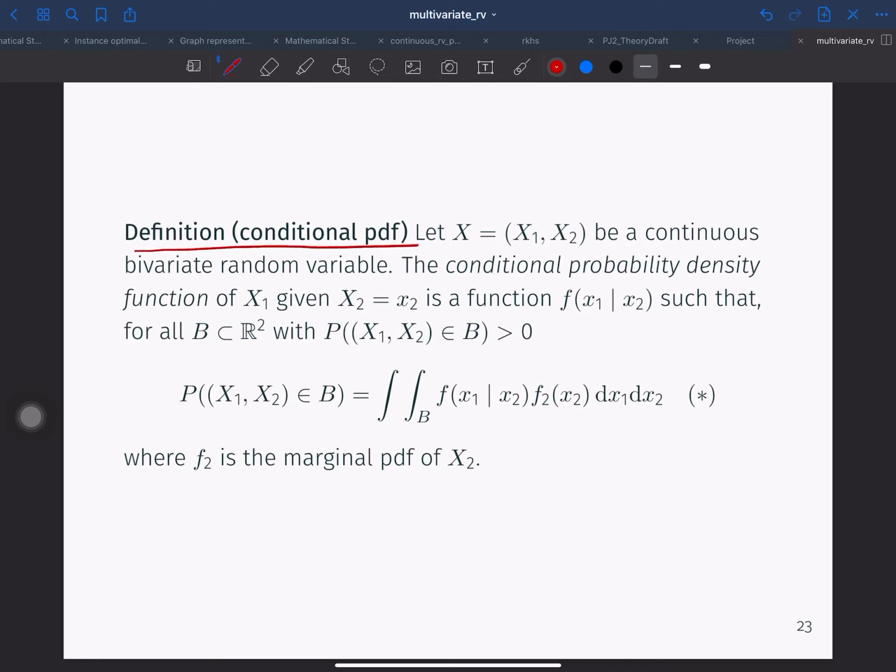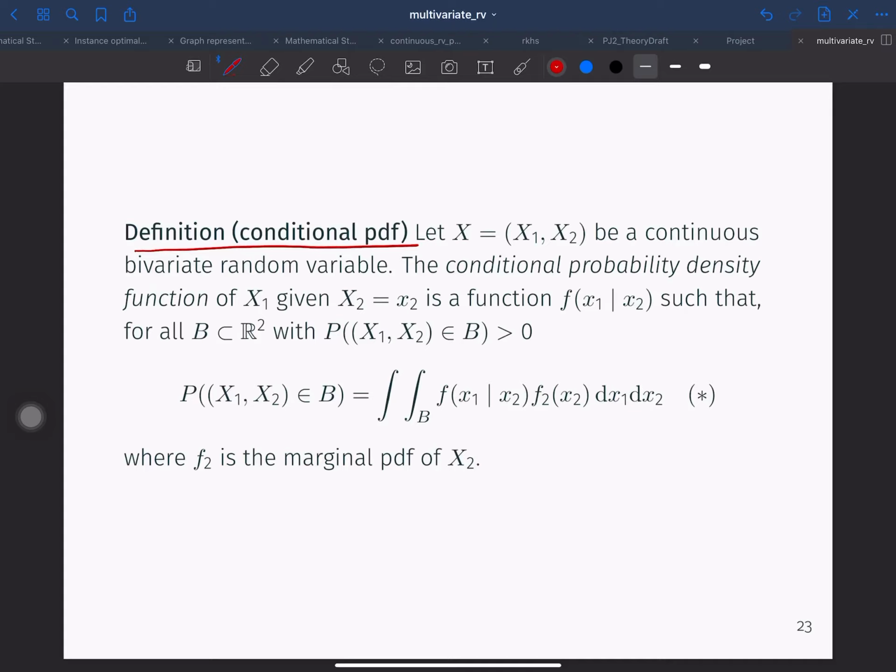As you will see in your textbook, they would define it using what we will see later, directly. But here we just want to give you the intuition about why we defined it the way we did in the textbook.